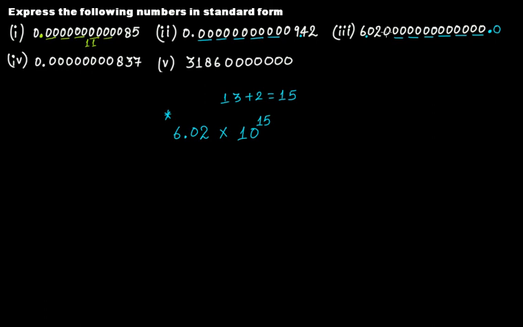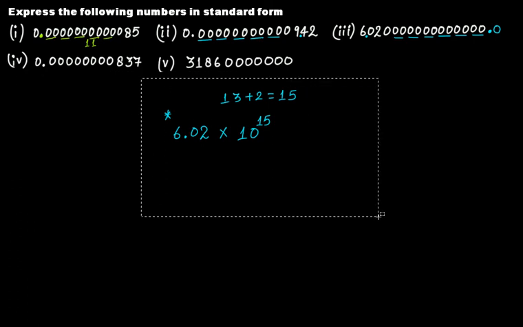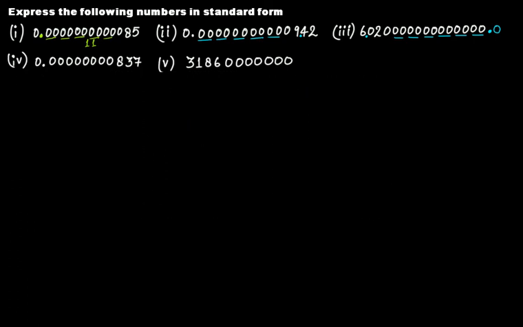Now, if you want to understand why we are actually doing it, let me explain. That would be better. So this is 602 and then 1, 2, 3, 4, 5, 6, 7, 8, 9, 10, 11, 12 and 13 zeros, right? I want this decimal point here. Remember that these are 13 zeros and 2 digits here. Our decimal point is here.